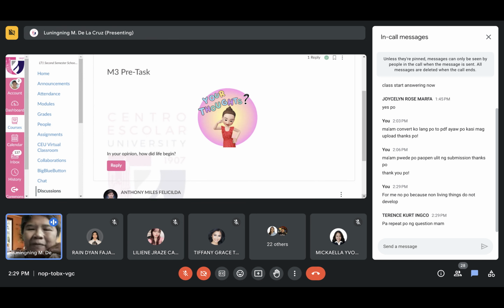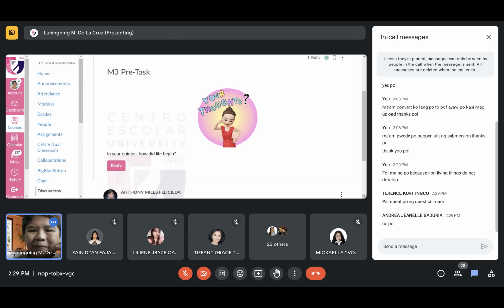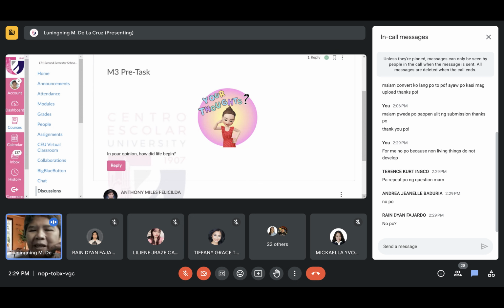Is it possible? No po. Okay? No po. Okay. So, hindi pwede na ang isang may buhay ay magmumula sa isang walang buhay. Palaging ang buhay ay nagmumula sa isang may buhay din. Okay? Kailangan natin yung tandaan.